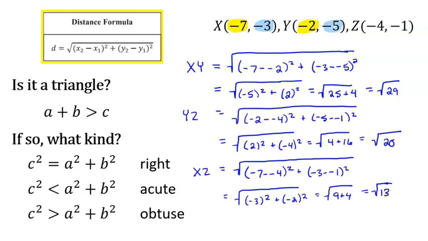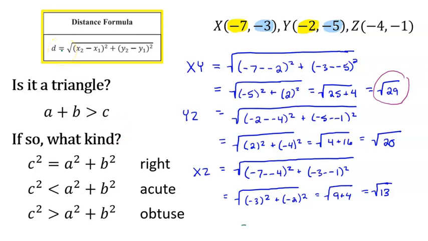So now I have all of my lengths, and so we can see that this xy is going to be our largest length. And so now from here, I'll go ahead and put this in another color.